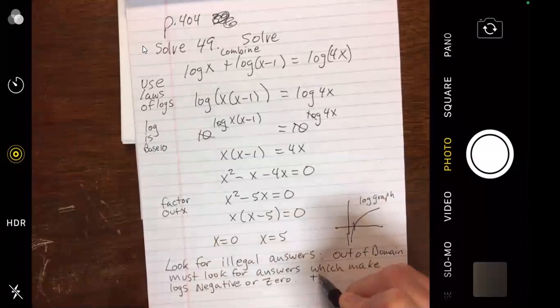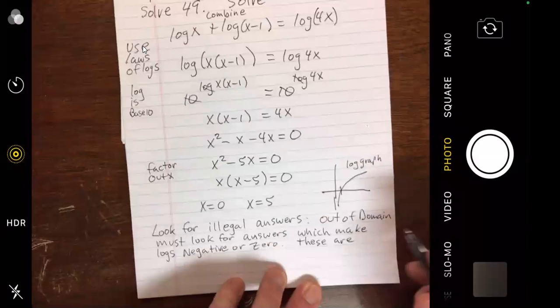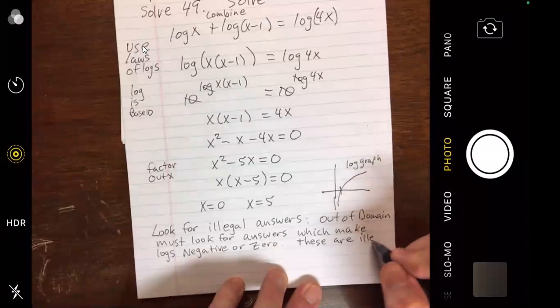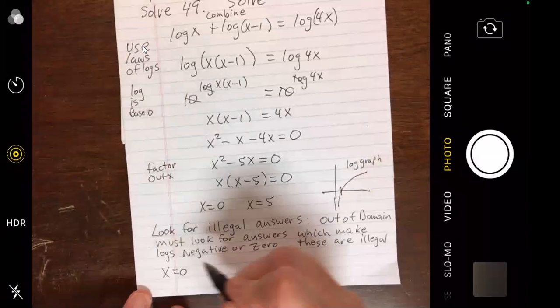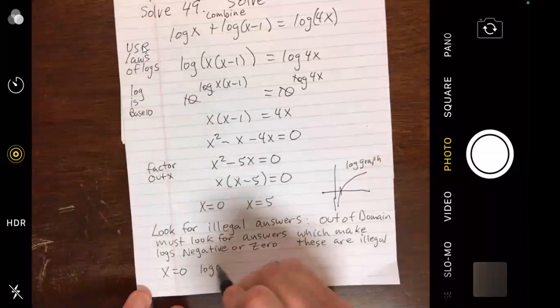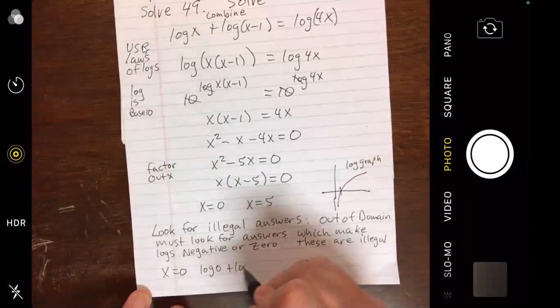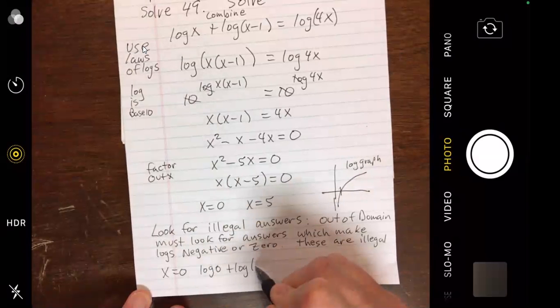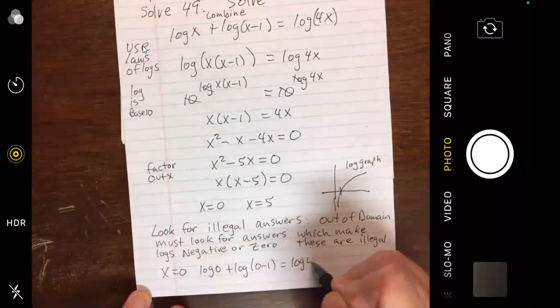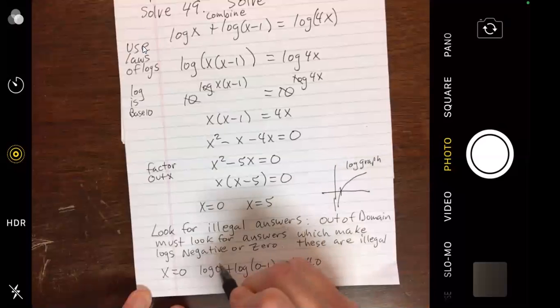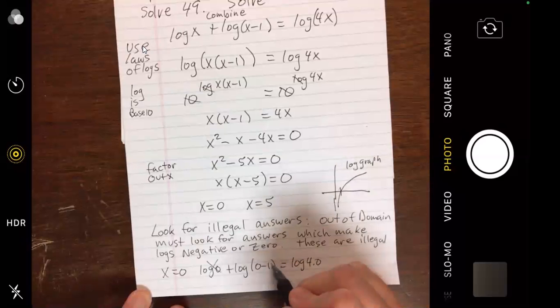These are illegal. And you can see x equals 0, log of 0, log of 0 minus 1 equals log of 4 times 0. This is illegal, this is negative, this is illegal.